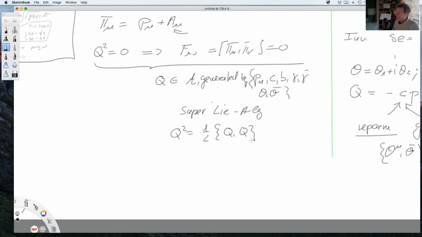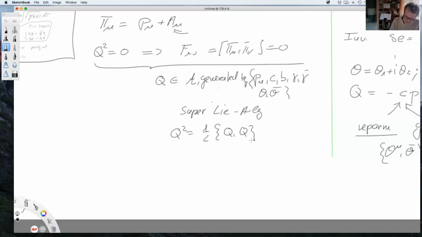This world line action describes the propagation of some point particle with some extra supersymmetry associated to it. So there is some physical connection. So this gives me a guide. So basically, this point particle gives me a guide of what is the right algebra to look at. And then I say, okay, it seems like this super Lie algebra is somehow a reasonable algebra to look at.